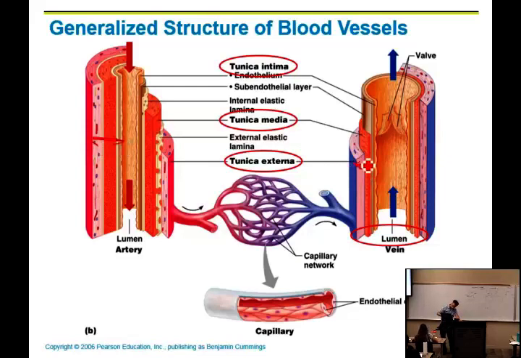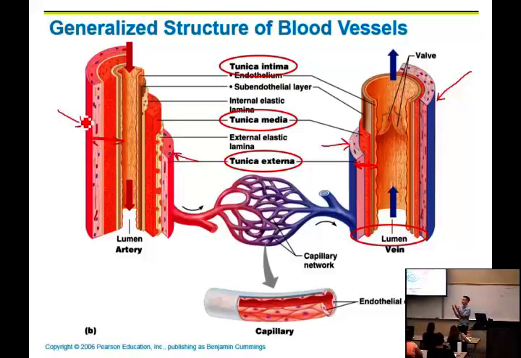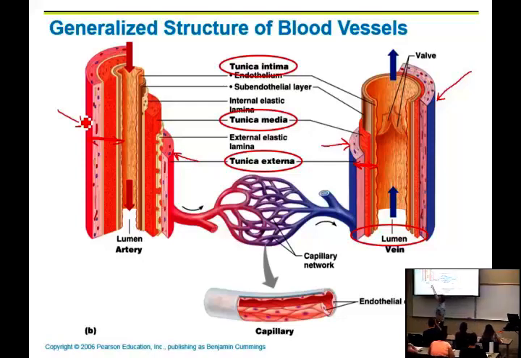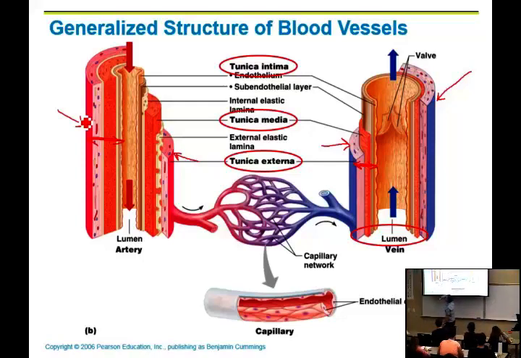If you compare the outer diameter, the inferior vena cava and the abdominal aorta have the same outer diameter, but the thickness of the wall is totally different. This will have a relatively thin wall compared to the relatively thick wall of the artery, because the artery has to be able to resist that flow.